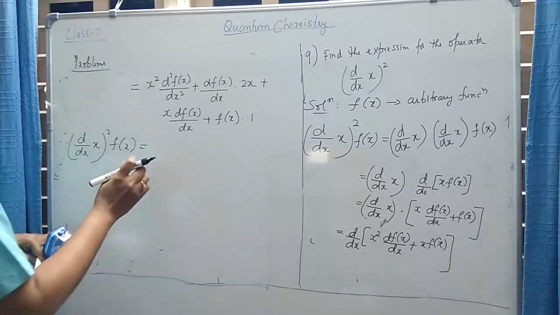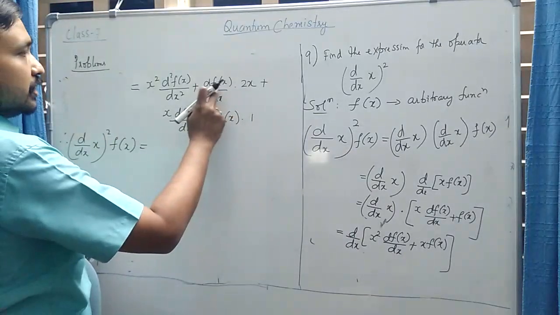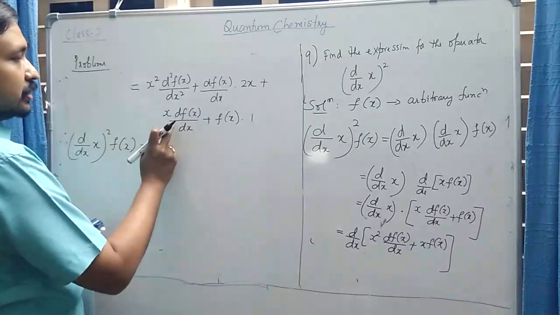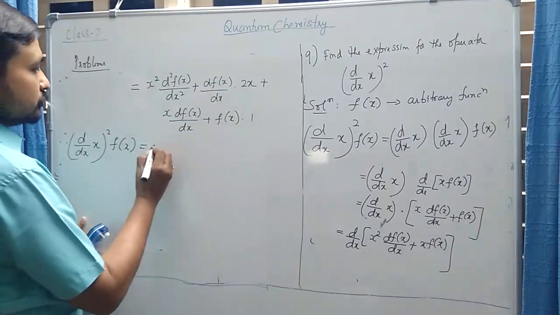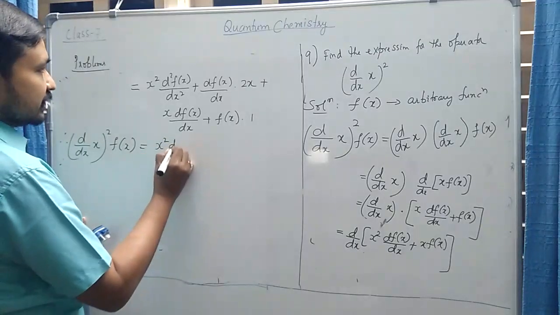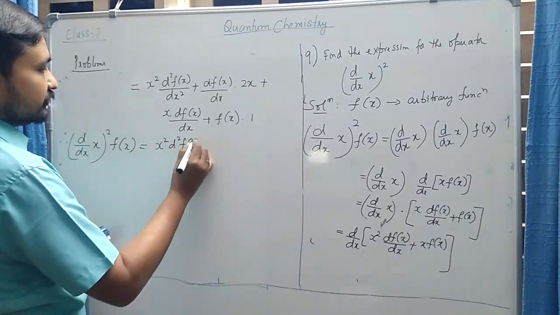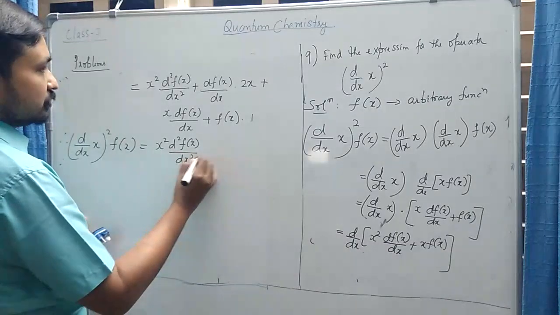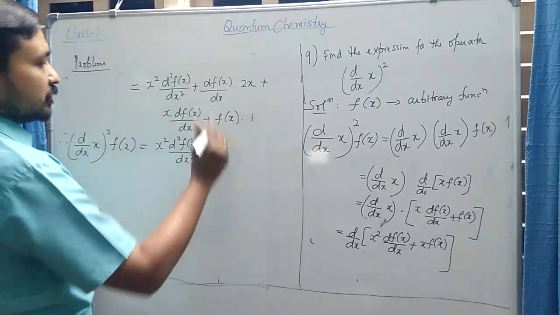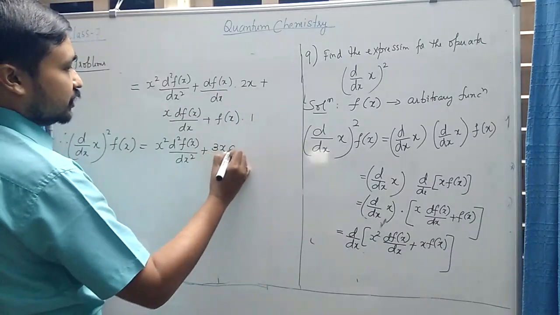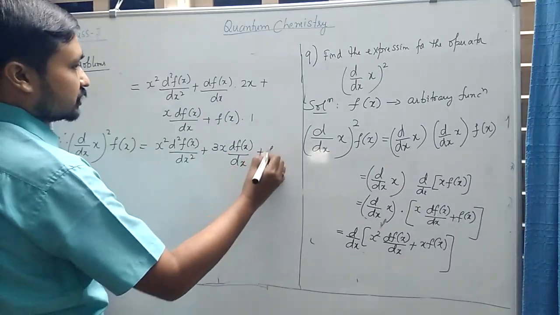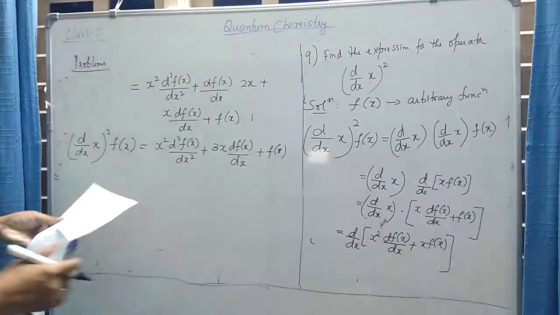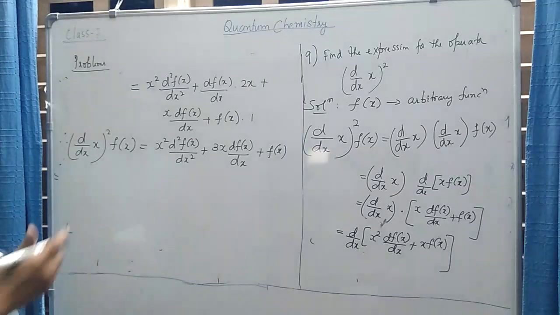Let us simplify this term. Here I have df/dx into 2x. Here I have df/dx into x. So if I add them, the first term is as such, d²f of x by dx², plus this term, if I add, it becomes 3x into df of x by dx plus the last term is f of x.